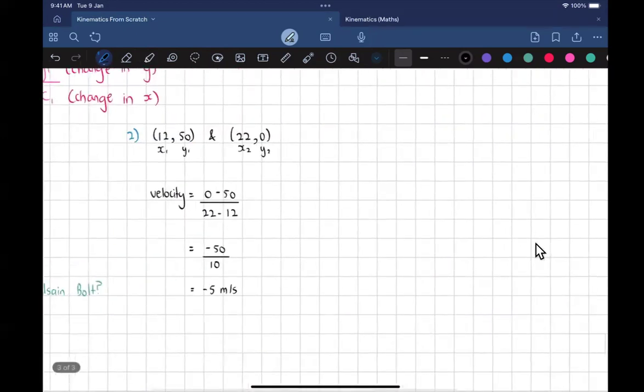So you were saying you don't think it will work out if we switch it. Okay. We're going to call this x2, y2, and this x1, y1.